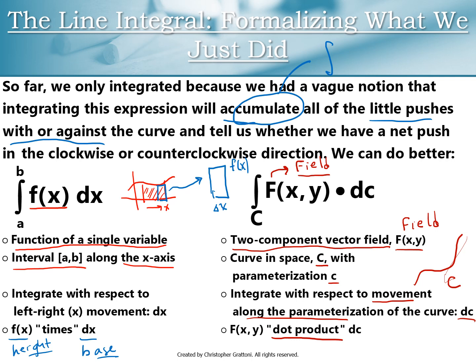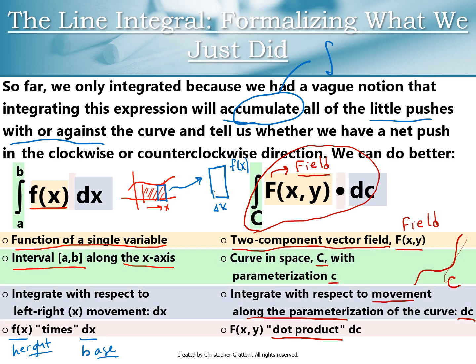So now let's take this expression and see what we can do with it. You can see that everything is analogous here, right? Everything's color-coded. A function of a single variable from last year is a two-component vector field this year. Our interval along the x-axis from last year, now we're accumulating along a curve that's in space, that's parameterized.